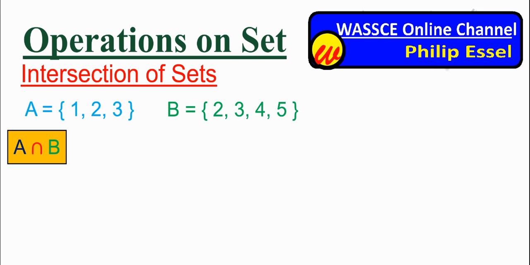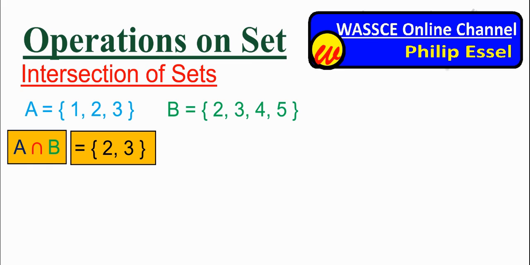You also realize that the number 3 can be found in set A and can also be found in set B. So we pick that one as well. So the two numbers or members 2 and 3 can be found in both set A and in set B. Therefore, the intersection of A and B will be the numbers 2 and 3. But of course, you must remember to always put them in a curly bracket as shown on the screen.